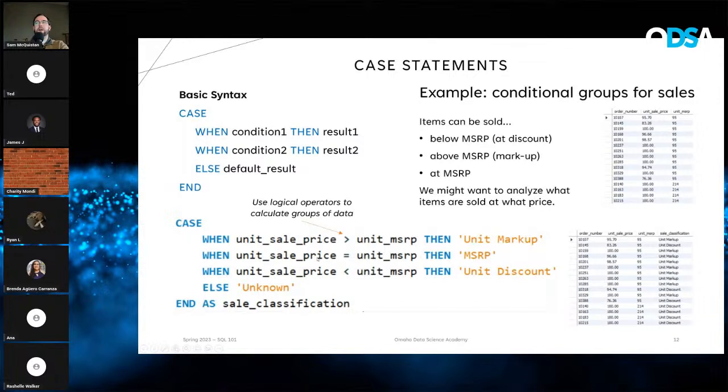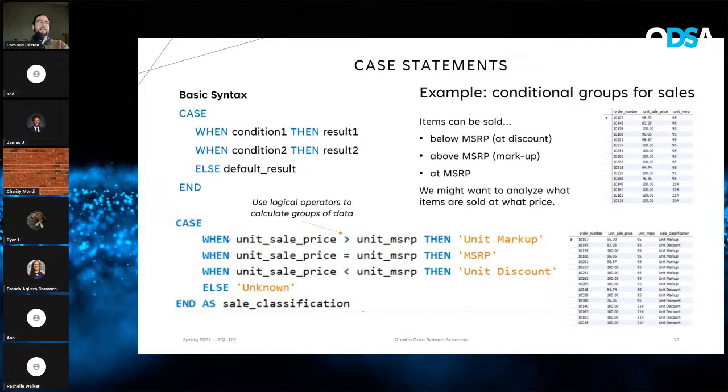If the unit sale price is equal to the unit MSRP, but I have a greater than or equal to here and a greater than or equal to here on the first and third cases, that value, even though it's equal and it should be in this second case, is going to show up in the first case that it matched. So that's an example of how we may incorrectly calculate what group a particular row should belong to.